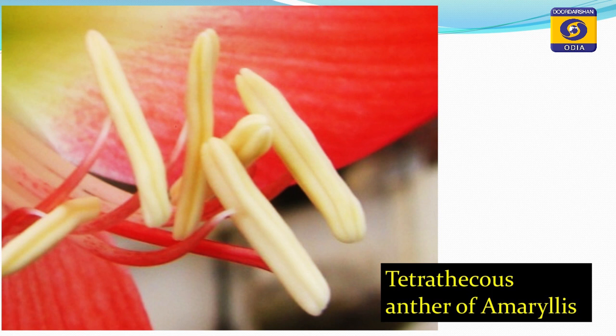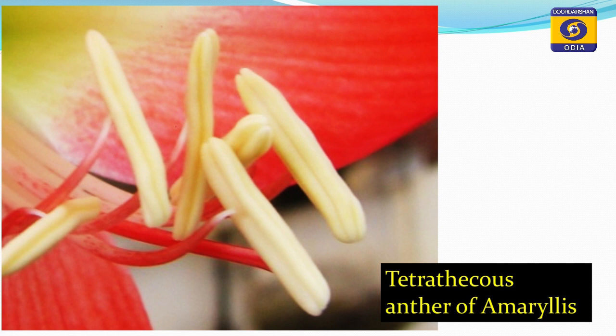So, in toto a typical dicot anther or monocot anther has 4 longitudinal lobes or 4 longitudinal structures called sporangia. That is why a typical anther is said to be dithecous and tetrasporangiate.